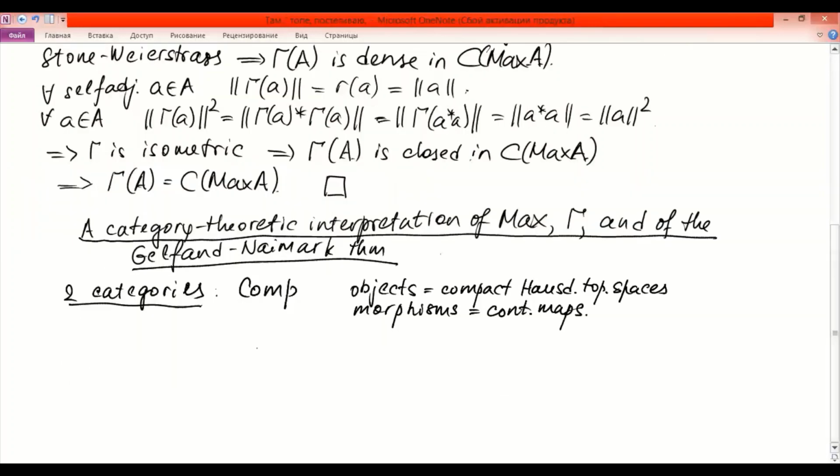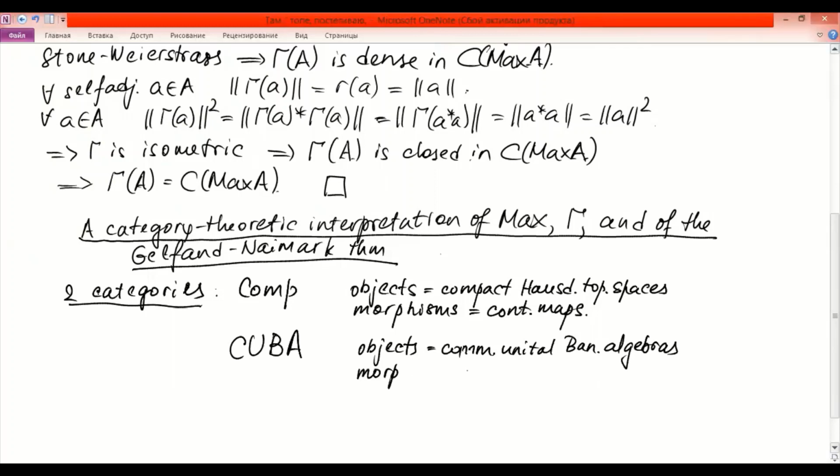And the second category will be denoted by cuba. The objects of this category are commutative unital Banach algebras. And the morphisms are continuous unital homomorphisms.